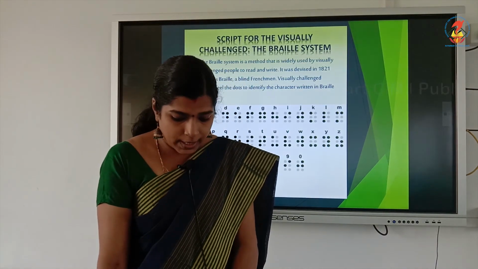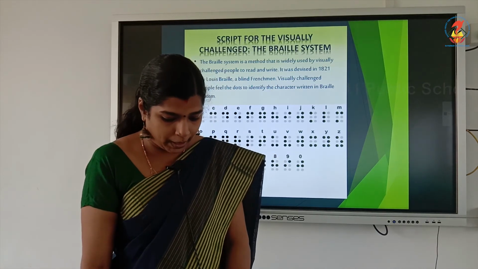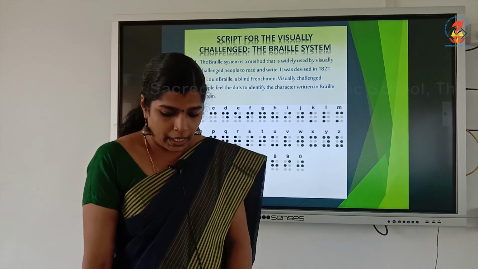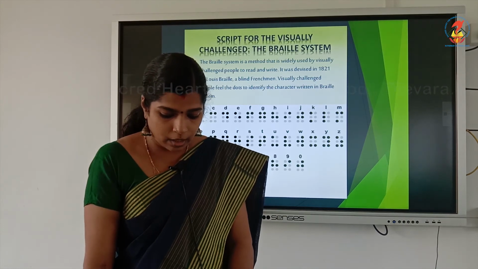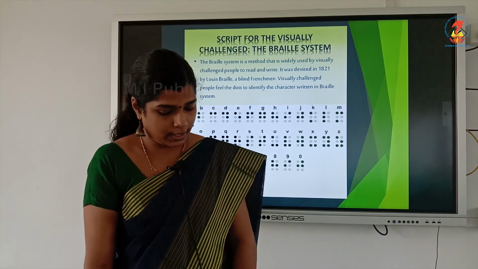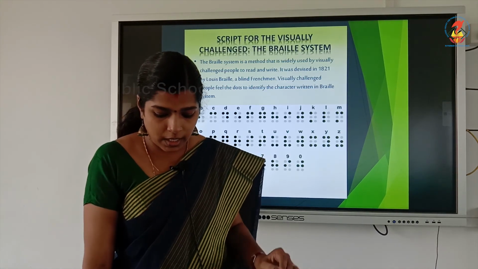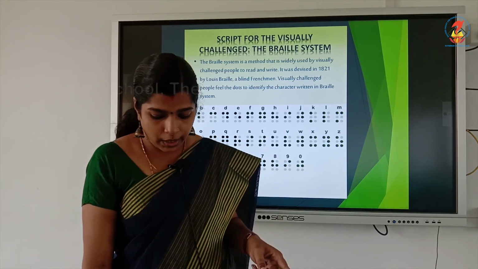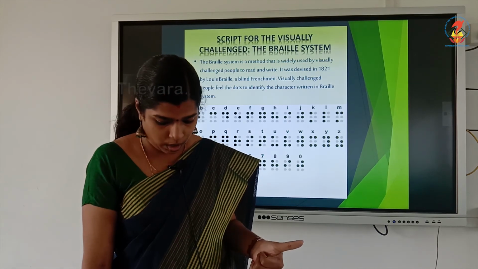Braille system has 63 dot patterns or characters. Each character represents a letter, a combination of letters, a common word or a grammatical sign. Dots are arranged in cells of 2 vertical columns and 3 dots each.